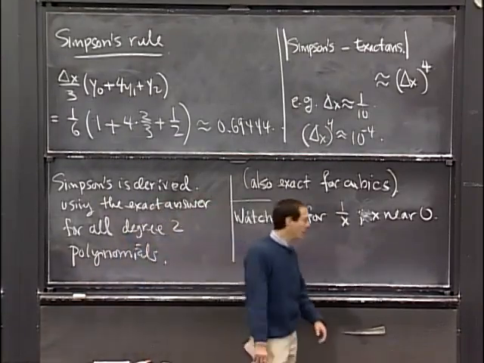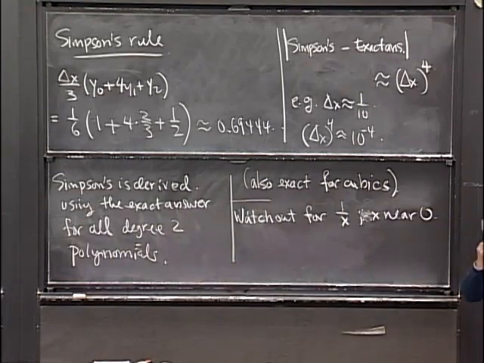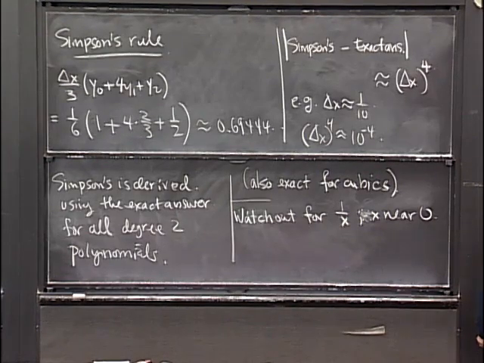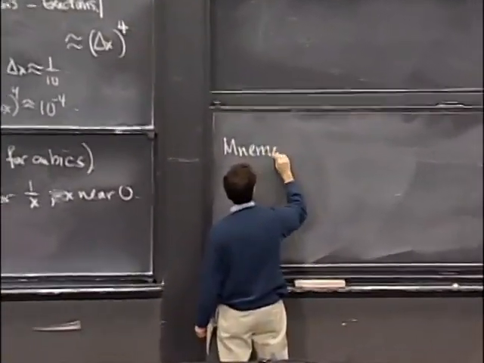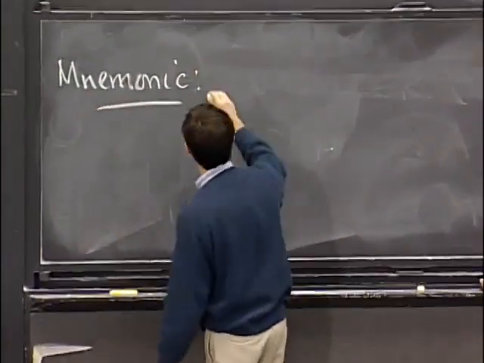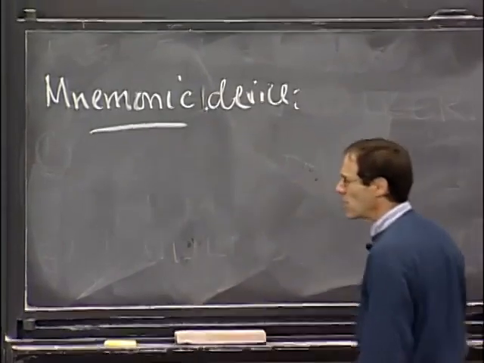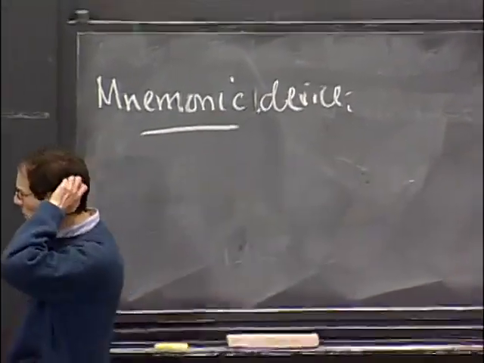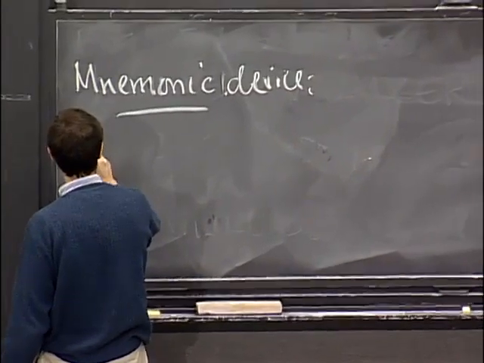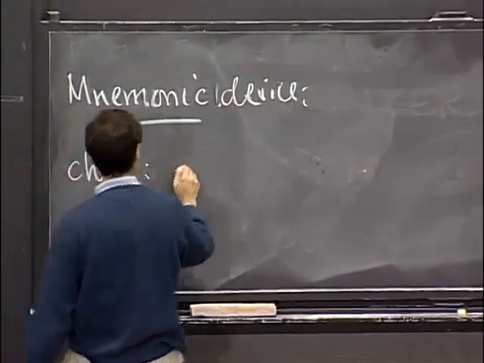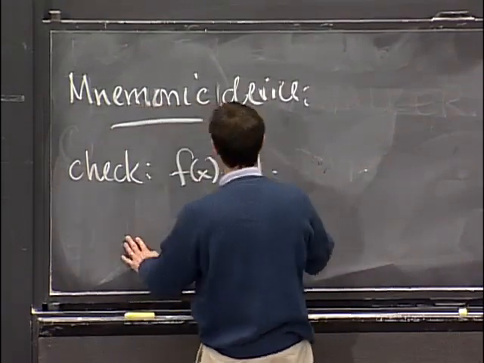OK, so if you were doing this on an exam, how do you remember this strange pattern of numbers? Well, the one thing that I want to recommend to you, as a mnemonic device for remembering what it is that you're doing, is to remind yourself of what happens for the simplest possible case, which is f of x equals 1.